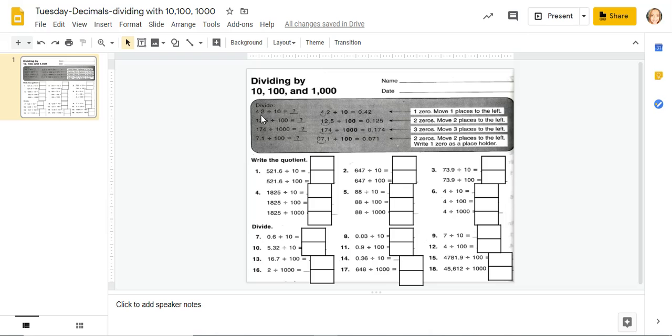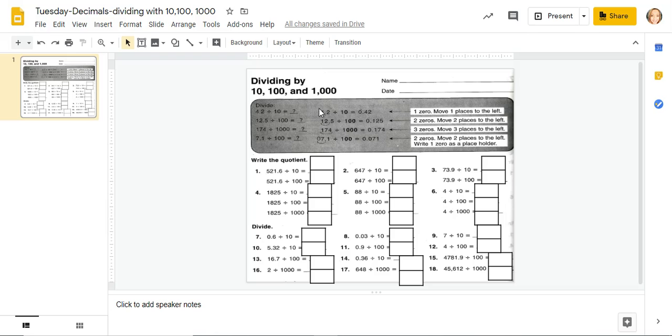It says 4.2 divided by 10. How many zeros does that have? 1. So how many times am I going to shift my decimal point over to the left? Once. So now it's going to shift over here from 4.2, and your answer is going to be 0.42.